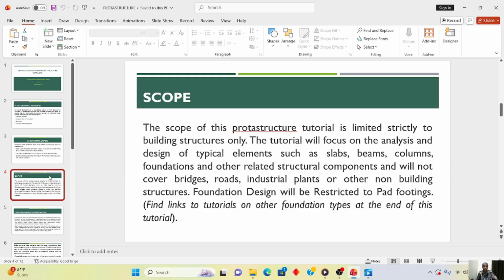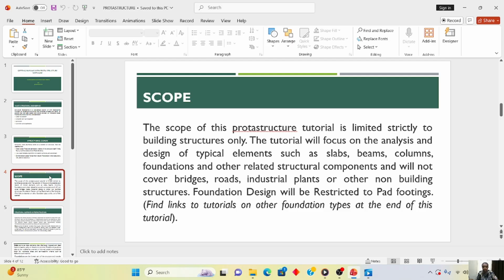As you know, we have other kinds of structures like bridges, dams, etc. Now, this tutorial will actually be focusing on the analysis and design of typical elements such as beams, columns, foundations, and slabs. Other related structural components will not be covered in this tutorial, such as bridges, roads, industrial plants, and also non-industrial building structures.